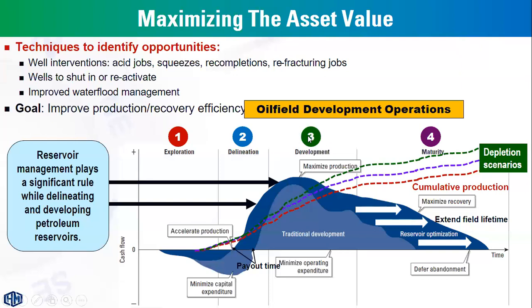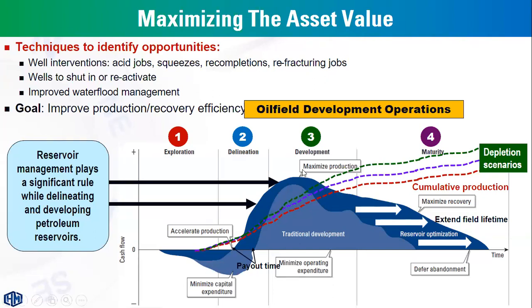The next phase, which is the most important phase, is the development phase or peak oil production phase, as you can see. This is the major concern of our topic today: reservoir management, reservoir surveillance, and monitoring of the production data and so on.